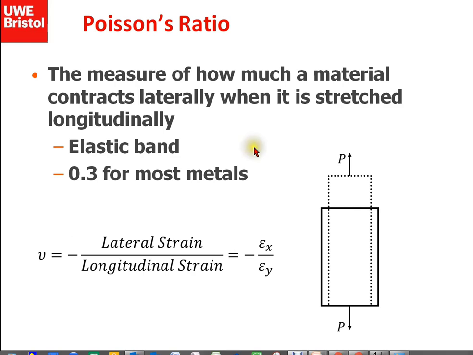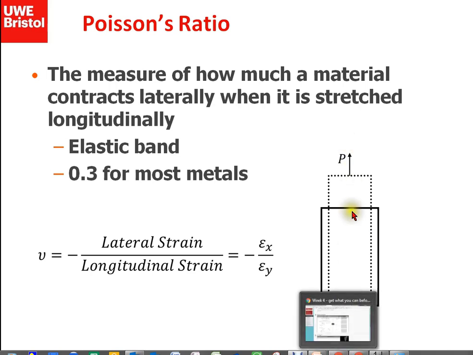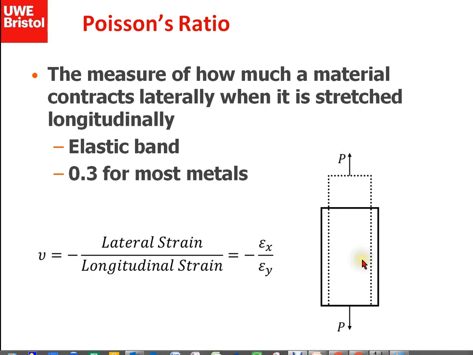So this effect is measured by Poisson's ratio, and Poisson discovered it if you took the lateral strain. Imagine that I'm pulling this thing apart in the y direction. So that's my longitudinal strain in this particular case.